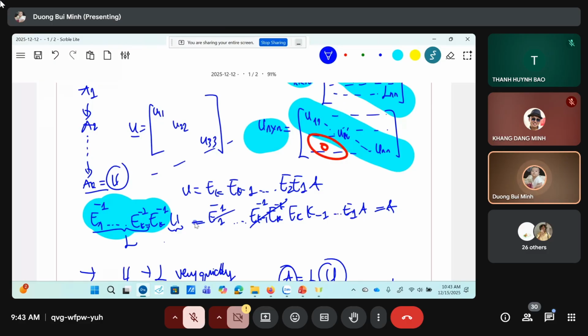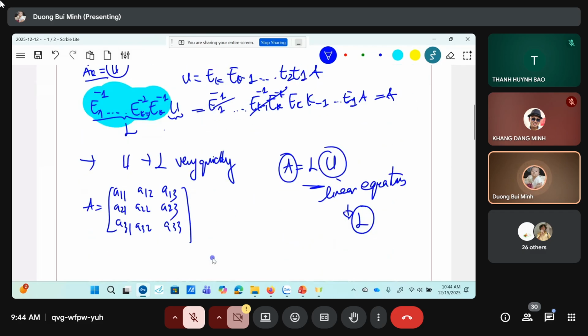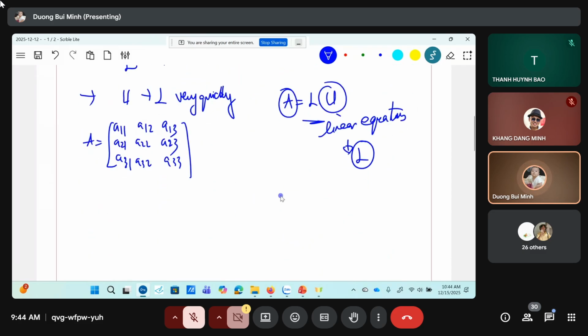Because this is an upper triangular matrix, this is 0, this is 0, and this is random. So now we know U. U is U11, U12, U13, U22, U23, U33, and this is 0, 0, 0.